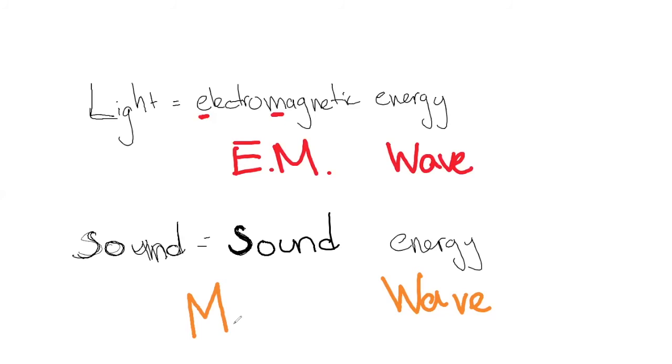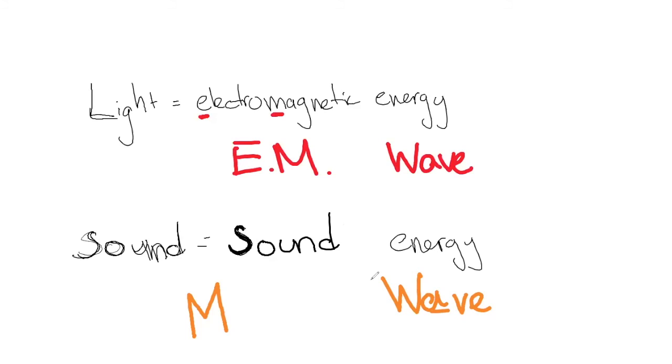But we are thinking about how that sound energy is being carried. And we know that energy is carried on a wave. So what we're trying to do is think of the two main types of waves. If we know light is carried on electromagnetic waves, then we need to try to noodle out what kind of wave sound energy is carried on.